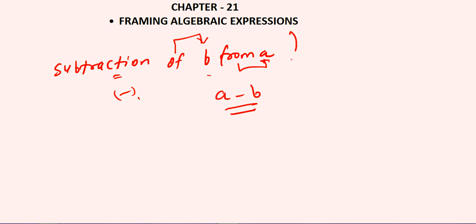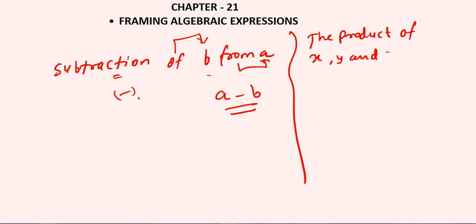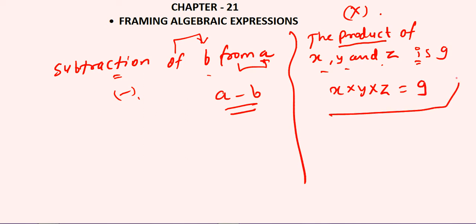Then the product of x, y and z is 9. Now in this particular example, as you know, product means what? Multiplication. So x into y into z equals 9. So this is the required answer.